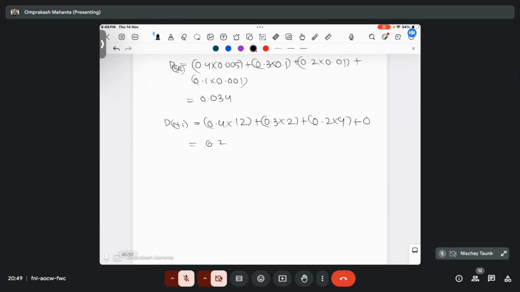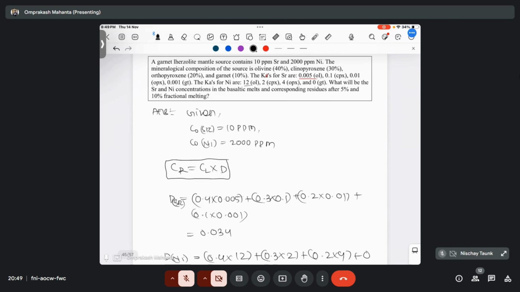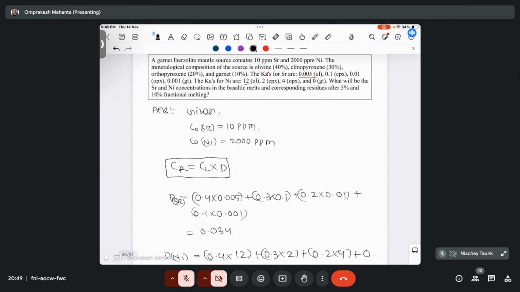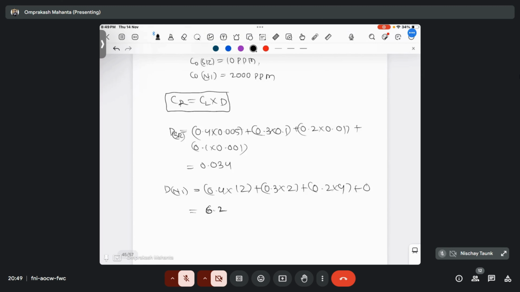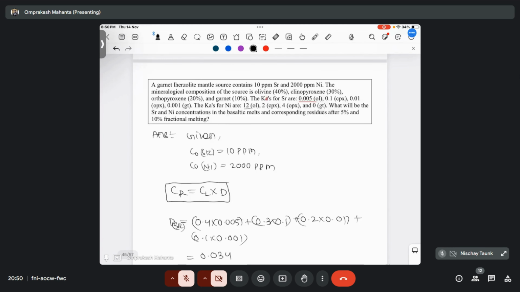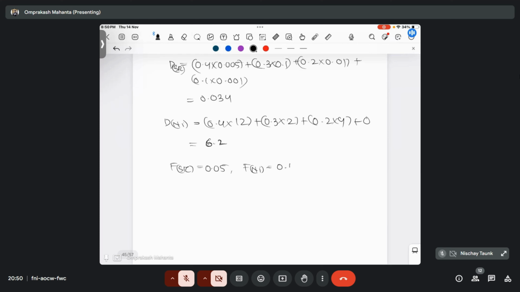And here F is given for Sr as 5%, that is 0.05. For Ni, F is given as 10%, that is 0.1.